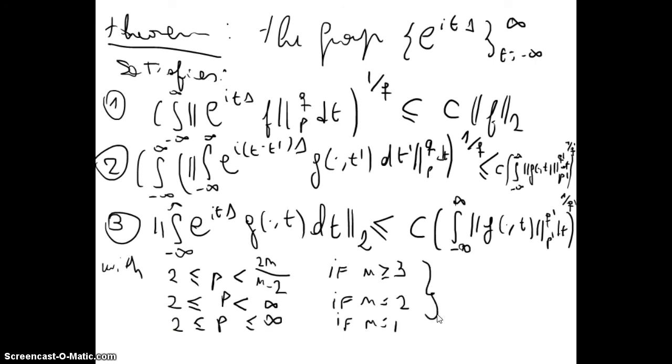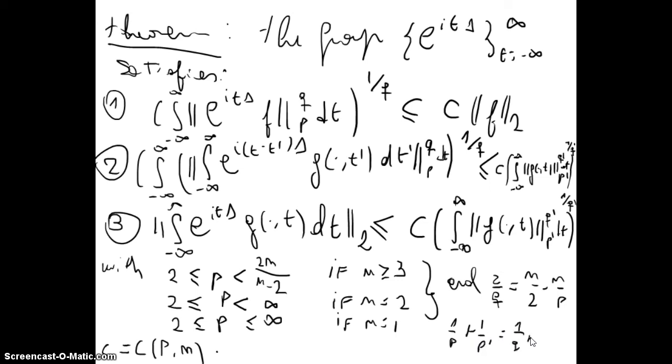Okay, and 2 over q is equal to n over 2 minus n over p. And c is a constant that depends on p and n. Okay, and always we will have that 1 over p plus 1 over p prime equal to 1 over q plus 1 over q prime, all equal to 1.